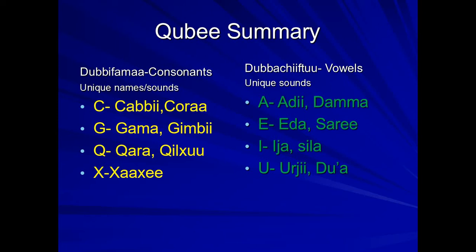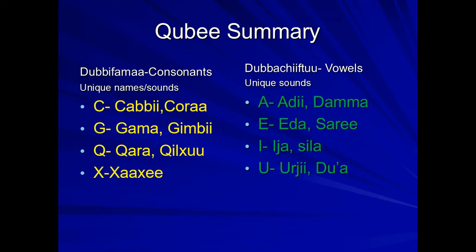Why it is double, we're going to come to that in our next videos or some other time. The E, not the E of English, but the E of Oromo, is the way we actually call it. Otherwise it's nearly the same as other languages.